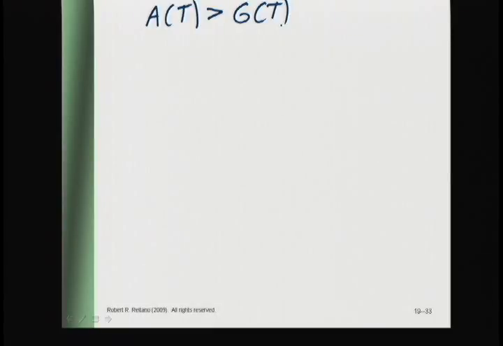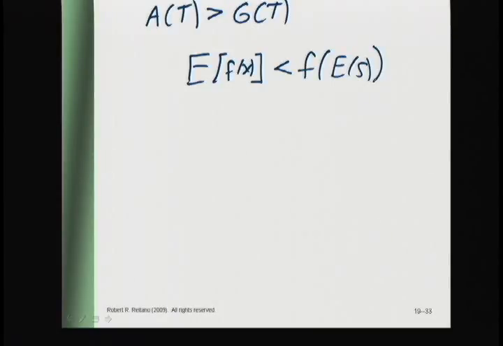Because what Jensen's inequality says is that the expected value of f of x is going to be smaller than f of the expected value of x if f is concave. If f is convex, it goes the other way.